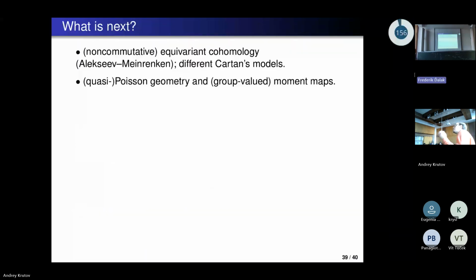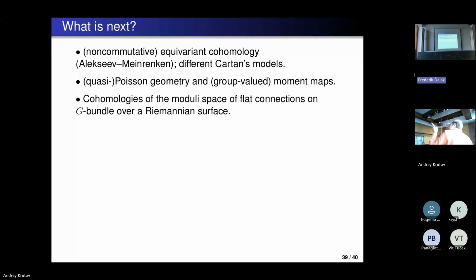And yeah, what to do with all of these things? So we have the main theorem and some amount of tools that were developed in the process. So it should be related, and we are working on some generalization of different Cartan models to compute some equivariant homology. Of course, this is closely related, especially for quasi-Poisson geometry, because our phi is one of the key ingredients of Cartan theory there.